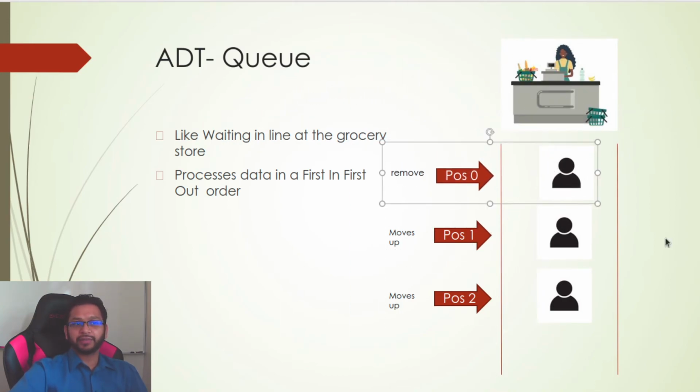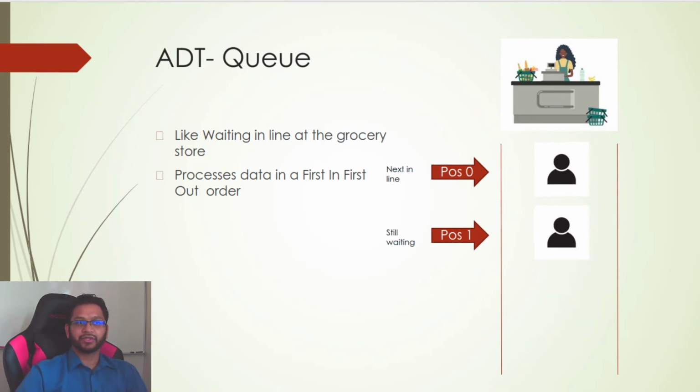And then the other people move up in the list. So now the second person is going to be the first one in the list, and so on and so forth. Remember, if you're thinking about a queue, you can think about it as waiting in line at the grocery store.